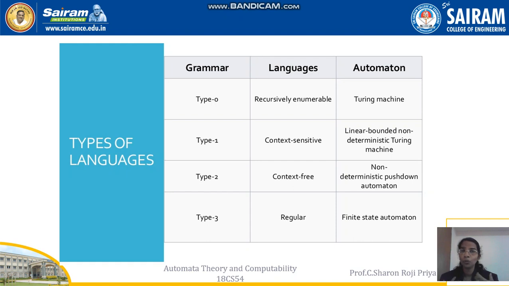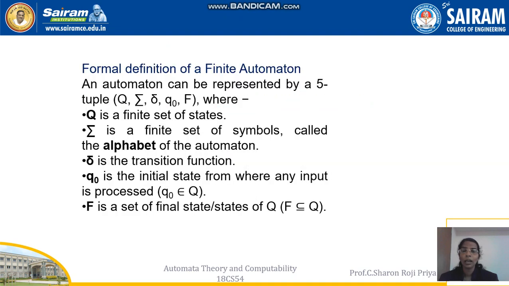When I want to form a sentence, I should follow the grammar. This is how the model is also related: every model is related with a language and a grammar. And this finite automata is related with regular language, and the grammar is type 3 grammar.